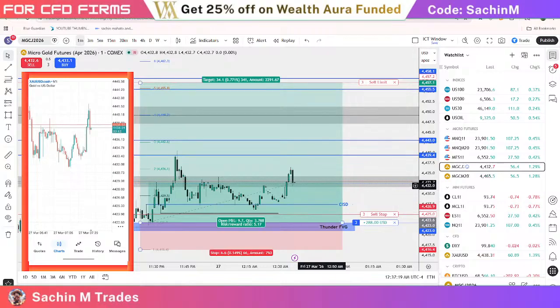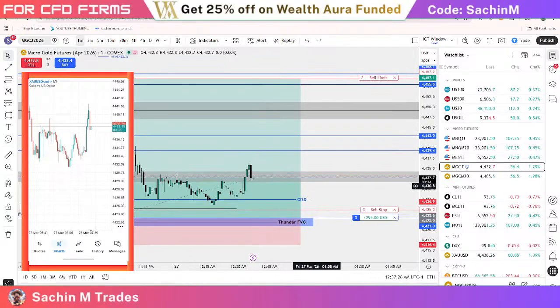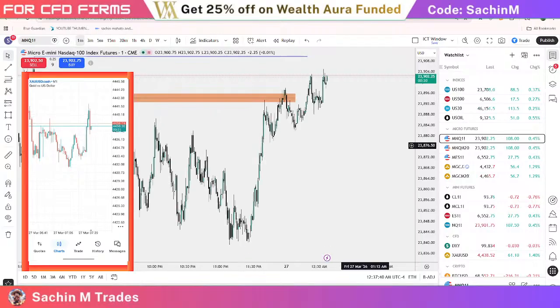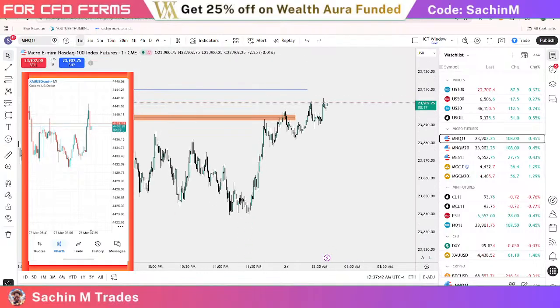This area should act as inversion fair value gap now and drive the prices higher. Let's look at MNQ if we have any kind of models. I think the MNQ will continue to rise up.